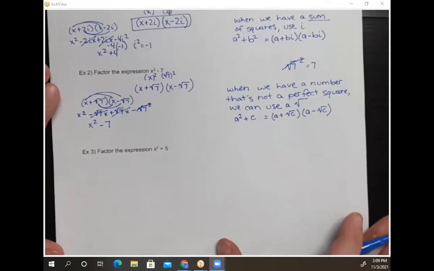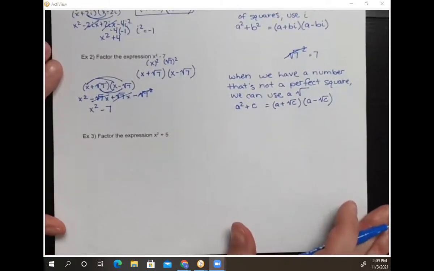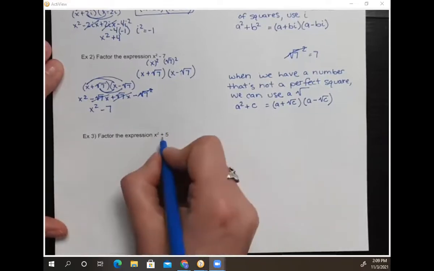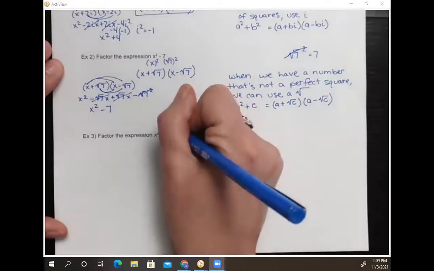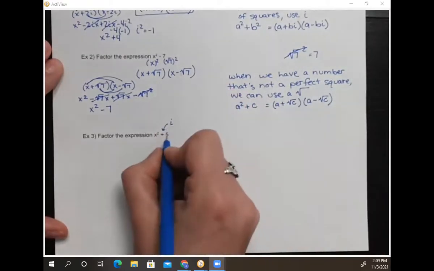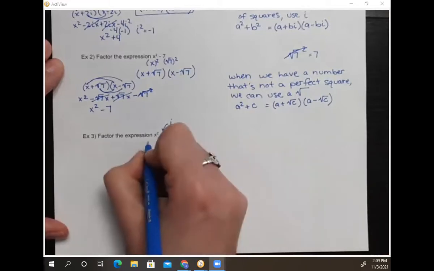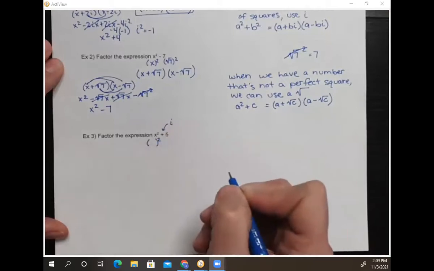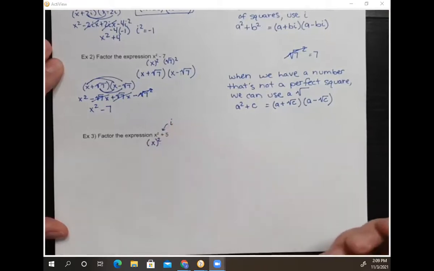So now let's look at an example where we're going to do both of those things. Factor the expression x squared plus 5. So I want you to notice that we have a sum here. That means I'm going to need to use i. And I want you to notice that 5 is not a perfect square. So I can still ask myself, what did I square to get x squared? That would be x.